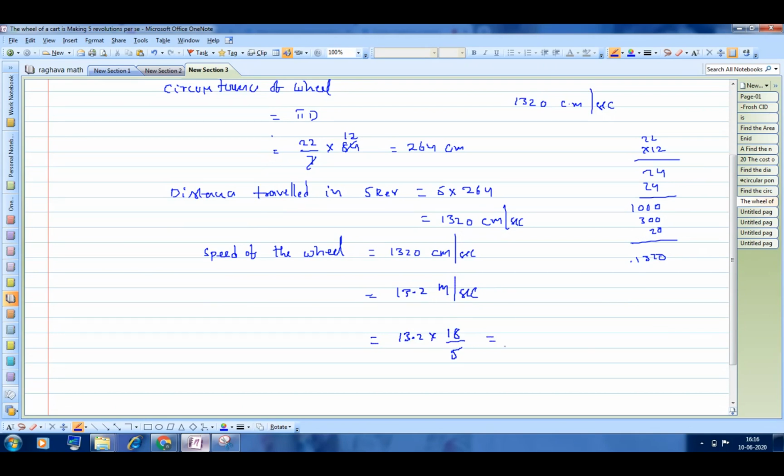What is the answer? Any step if you are not understanding, please let me know. 47.52 kilometer per hour. I got the answer.